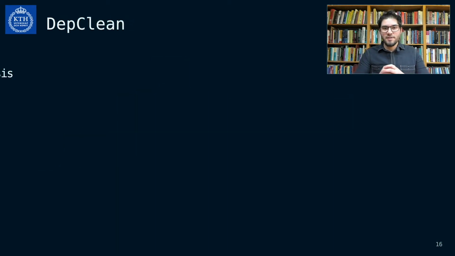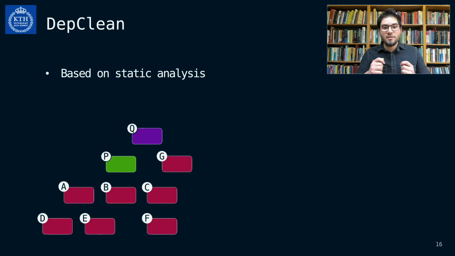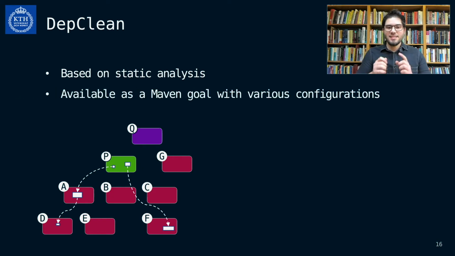DepClean performs this task based on a static analysis of the bytecode calls. It doesn't need the source code of a project to run the analysis. It can analyze the bytecode of compiled Maven artifacts. DepClean is implemented as a Maven plugin.